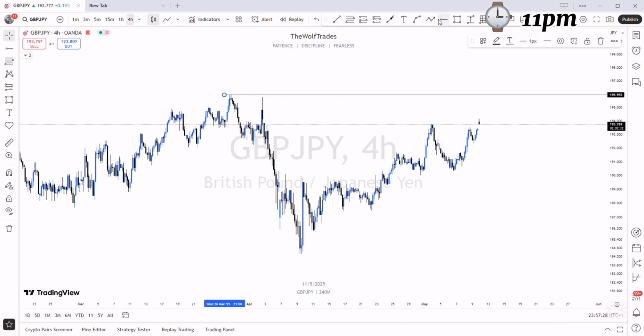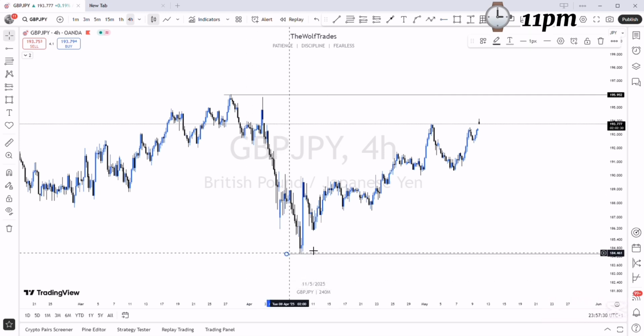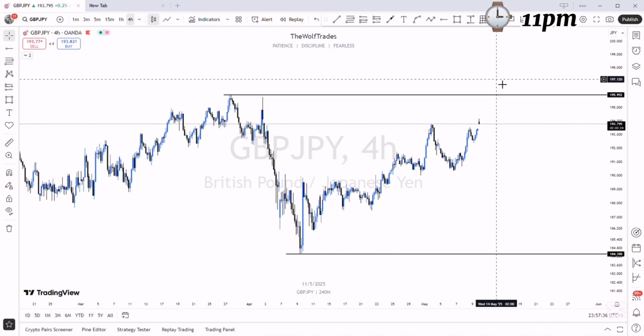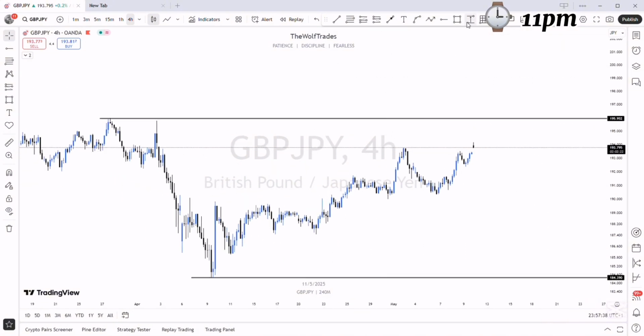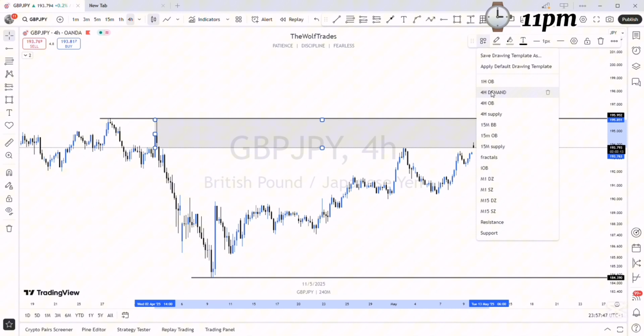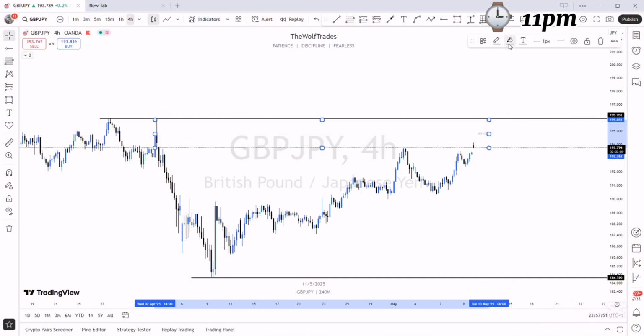I don't care what price was doing in the previous ones. So I just get my 4-hour swing high and my 4-hour swing low. Alright, so once I've seen this, I just take my supply zone. I mark my 4-hour supply zone or order block.